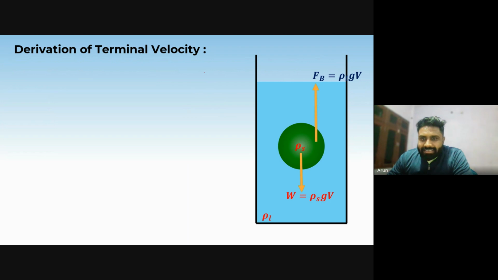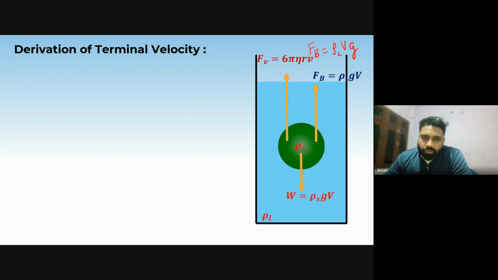Now, this is the FB, which is acting in the upward direction. It is rho of liquid, times the volume of solid which is immersed, and the complete volume is immersed. So I have taken it as V into g. So rho L into V into g. And there is also one more force, which is 6 pi eta r v.